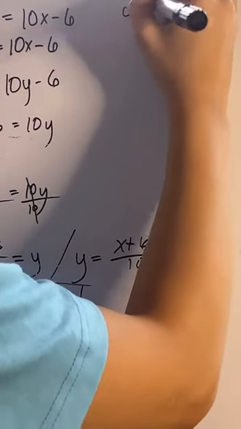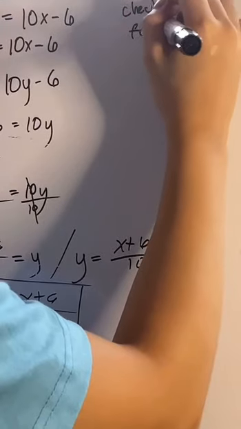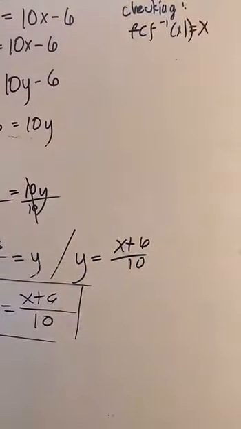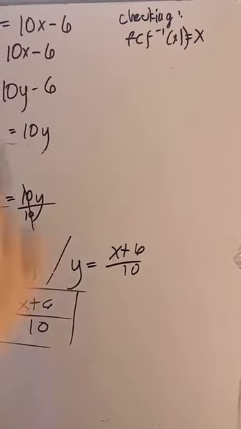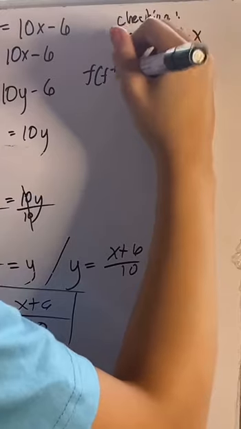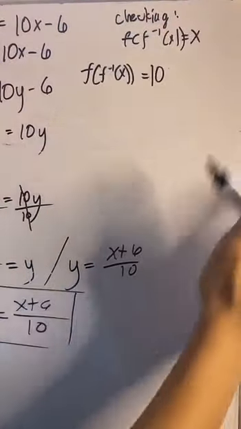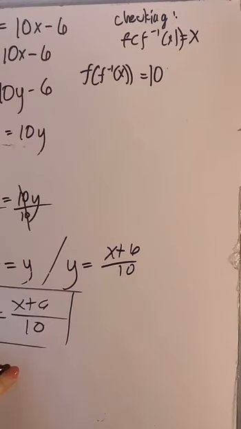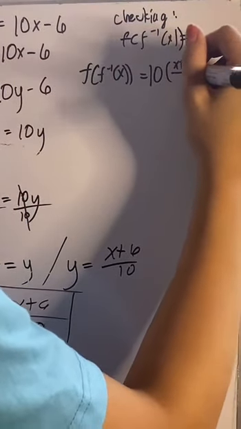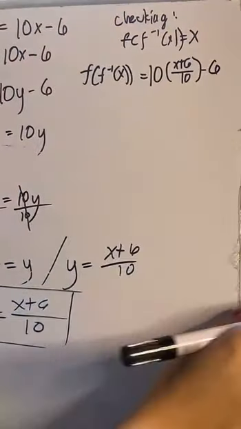Checking: f of f raised to negative 1 of x. So copy the original, f of x equals 10x minus 6, then replace the x with our inverse. So 10 times x plus 6 over 10, minus 6.